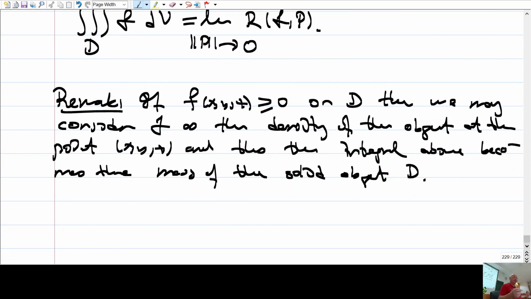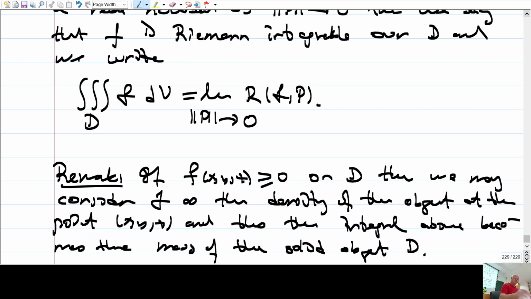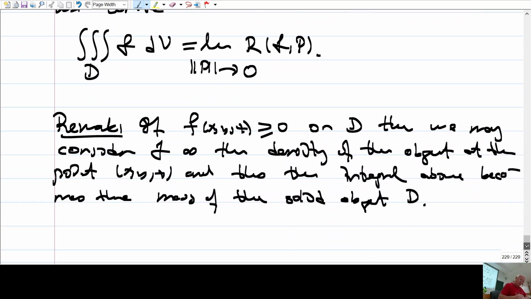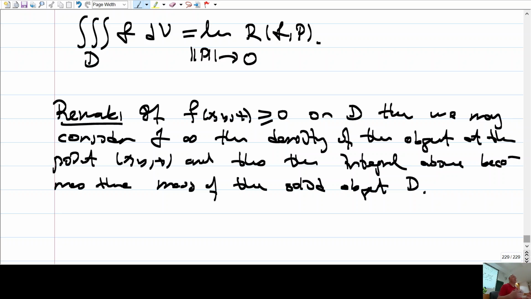So for the triple integral, if this function is 1, then it is the volume. If it is a positive number, then it is the mass. What if it is negative? Then you may think of it as anti-mass, positive mass and negative mass, so still a mass, but some part may have negative mass. Or you may consider other quantities.